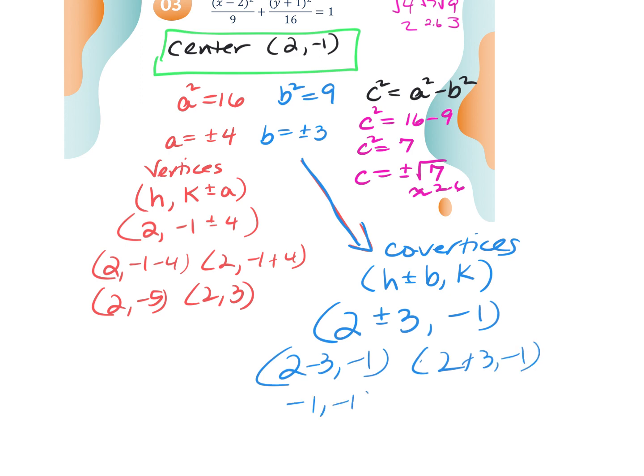So negative 1, negative 1 is a co-vertex, and 5, negative 1 is the other co-vertex.